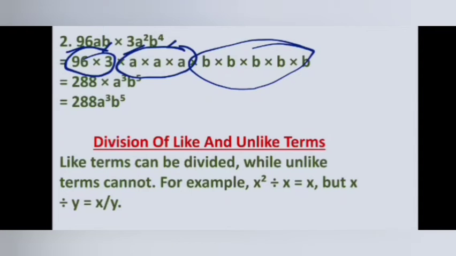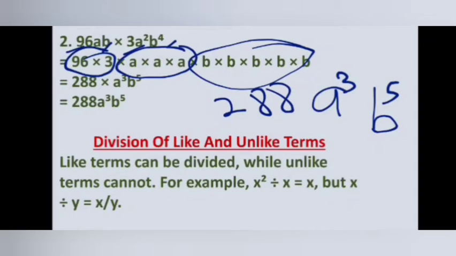So a times a times a, as usual, will give us a raised to power 3, a cube. Then b times b times b times b times b, which is 5 b's, will give us b raised to power 5. Then we have 96 times 3 gives us 288.